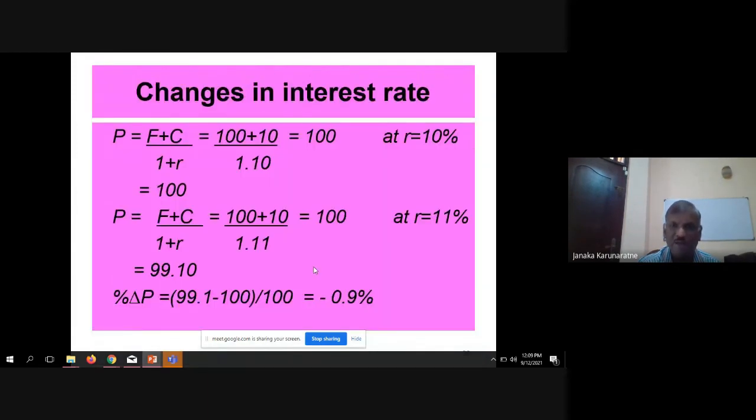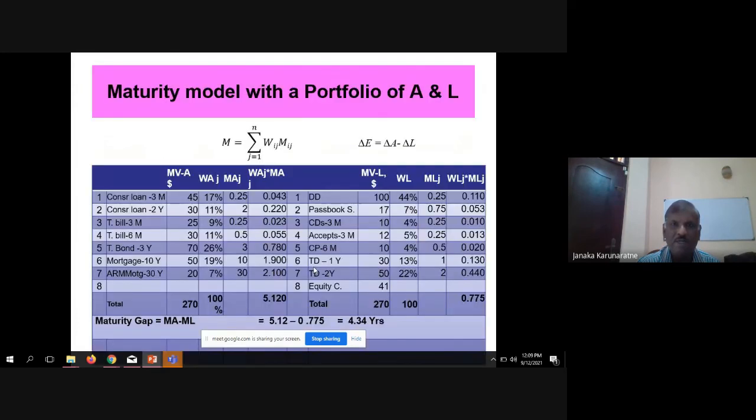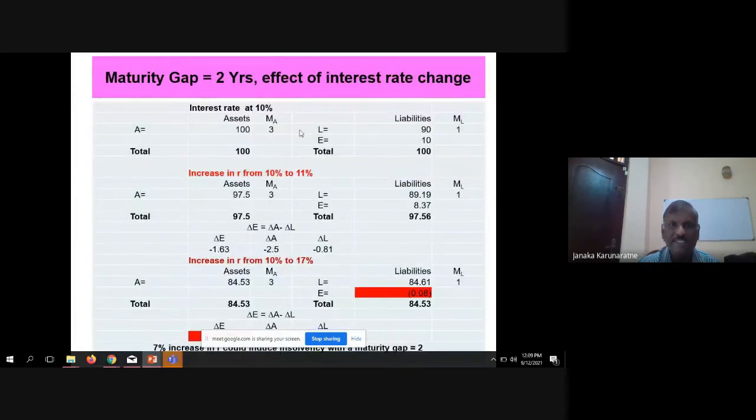Now, in this case, I can easily give the answer for liabilities because it's a 1-year maturity. So your market value will decline to 89.19. It's only one cash flow.